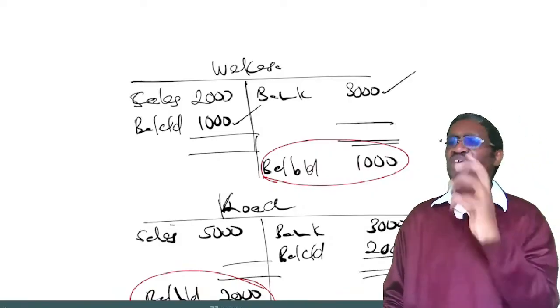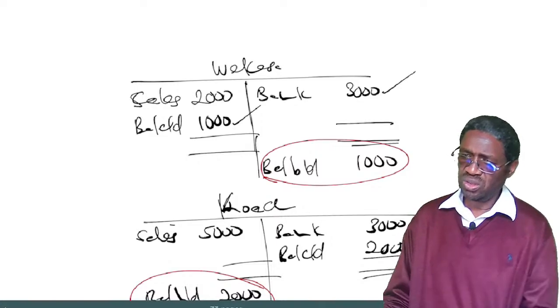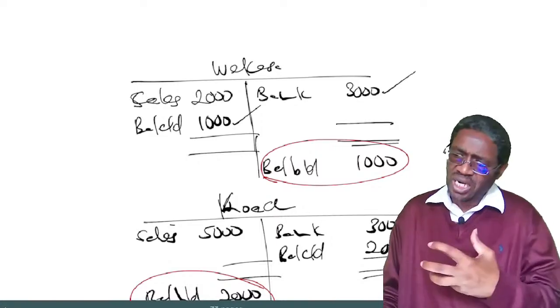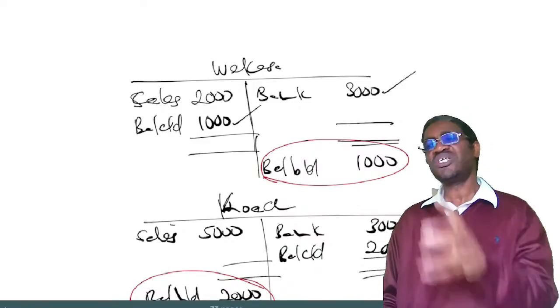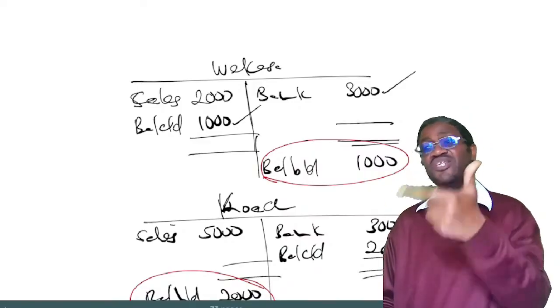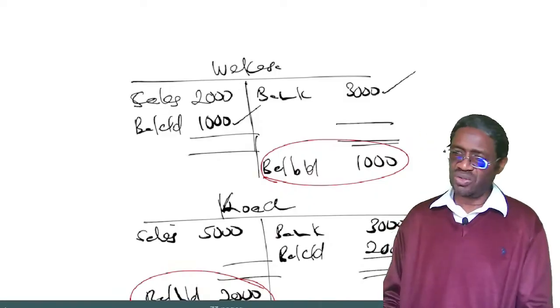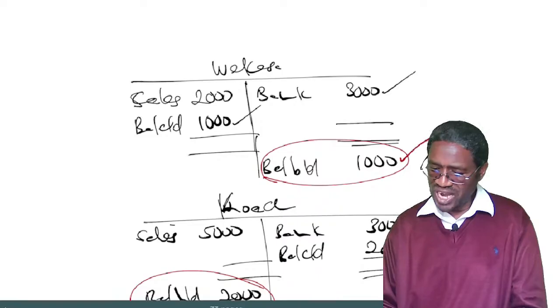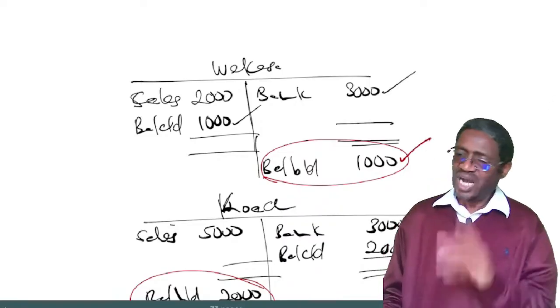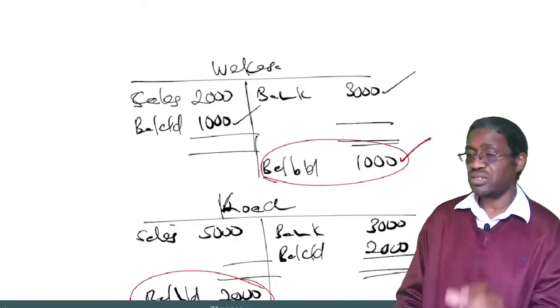Meaning, if he overpaid you, then you as a company owe them that 1,000. You don't demand from them. Instead, you owe them that 1,000. When you owe them that 1,000, that becomes a liability. And a liability is always a credit balance.